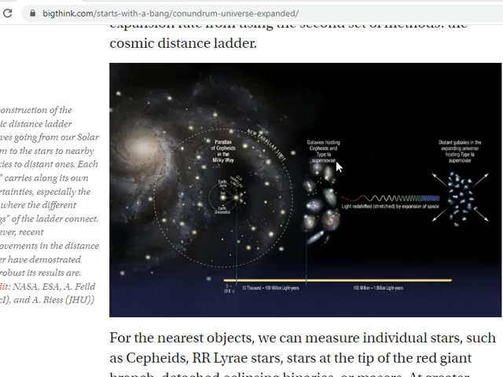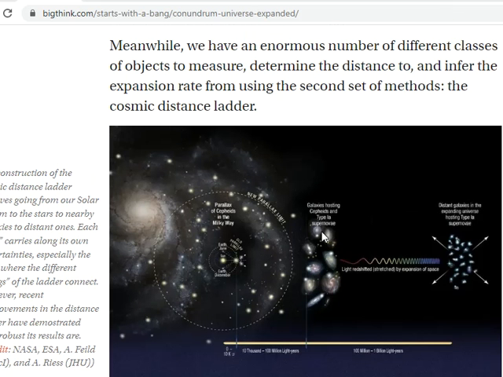But what he actually draws a picture of here is all of this, and I think this is the area where he is actually getting this number from: the galaxies hosting Cepheids and Type 1a supernovae. This is where he's getting that data. The 67 kilometers per second per megaparsec comes from this data here.